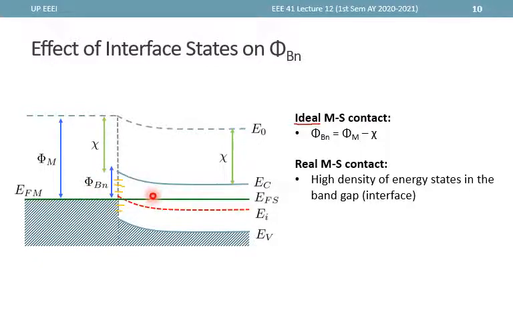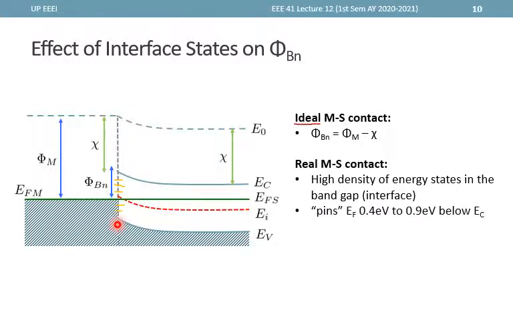Another consideration is that if this one is a diamond lattice in structure and this one is not diamond lattice, then there will be some awkward positions right here at the interface, which will lead to these trapped energy levels or interface energy levels, and the presence of the electrons at those energy levels actually disturbs the properties of the material at this interface.